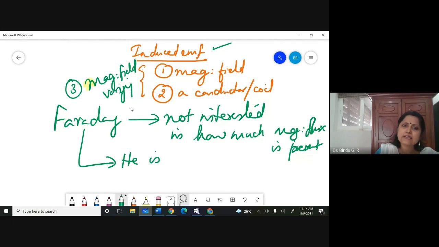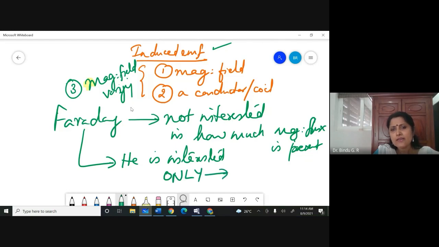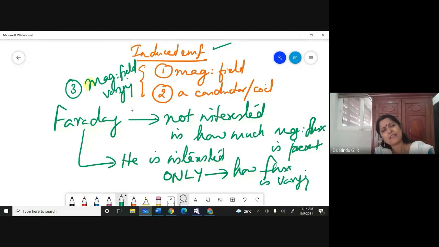He is extremely interested only in how the flux is varying. Let there be a little amount of flux also. He is not interested whether you have a large amount of flux or a small amount of flux. What he is interested in is to check how the flux is varying.